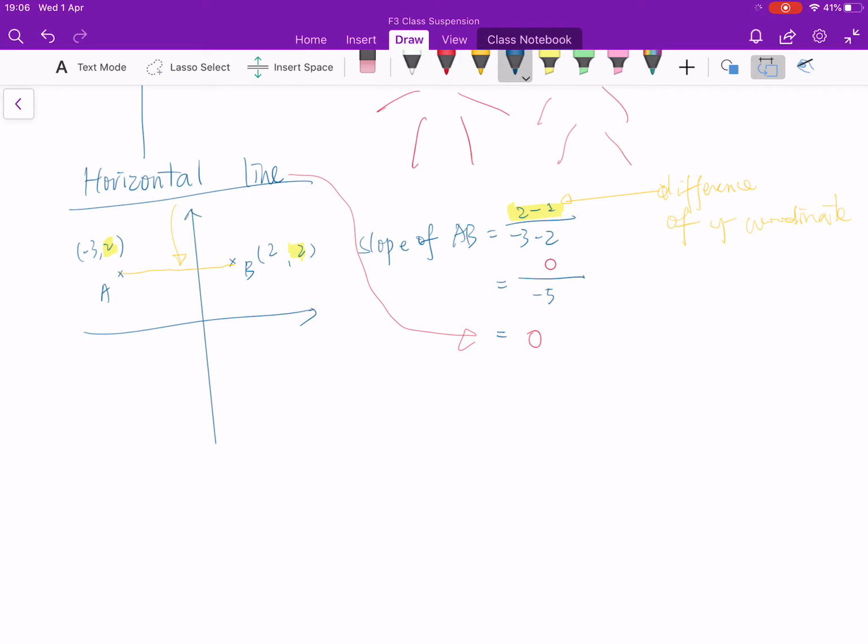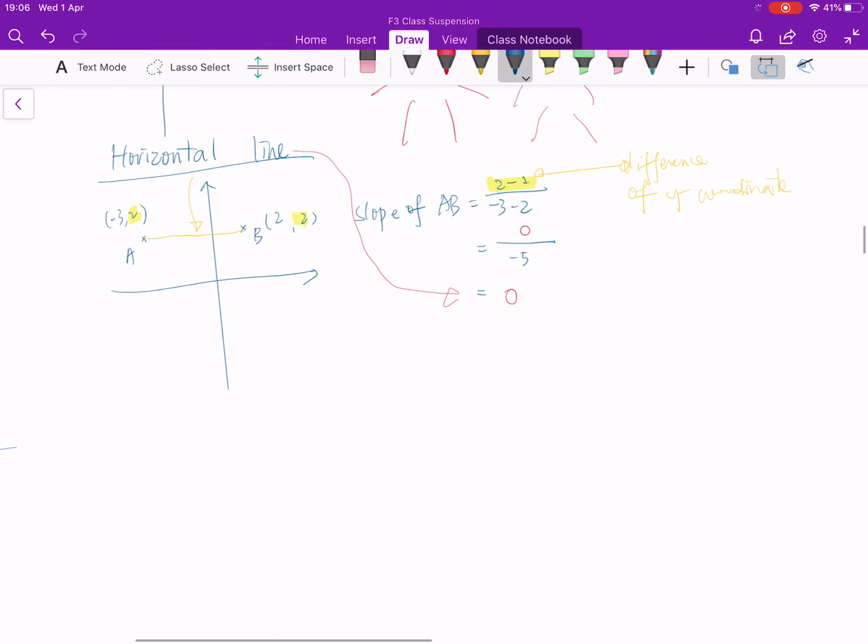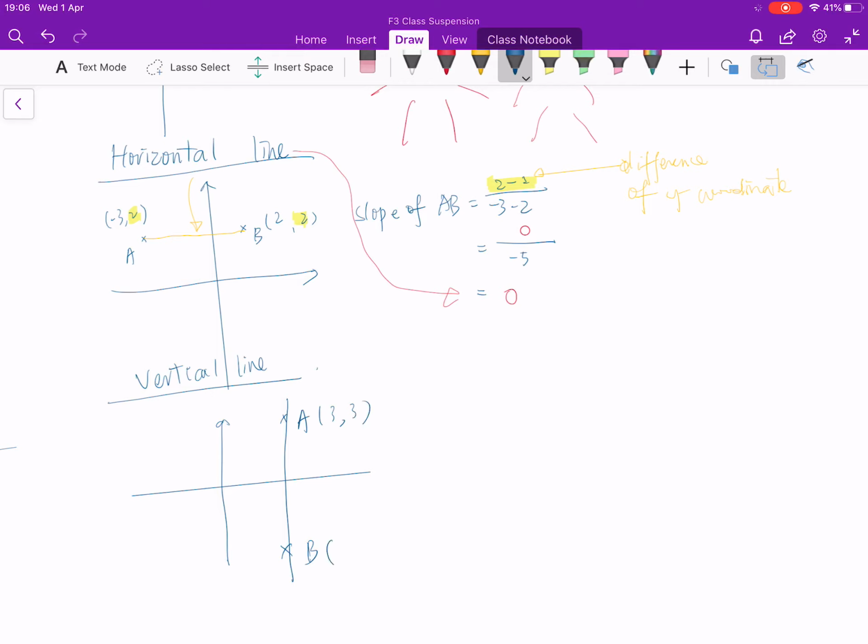In another way, for a vertical line, let me create another case. A and B. So this time A, maybe we have (3, 3). As AB forms a vertical line, the x coordinates of them must be the same.